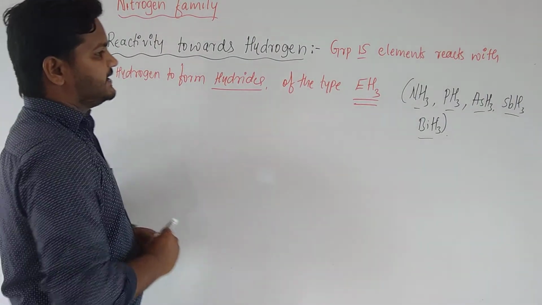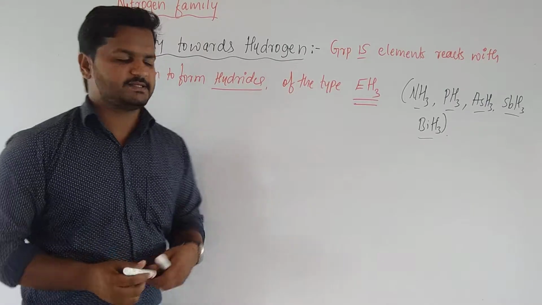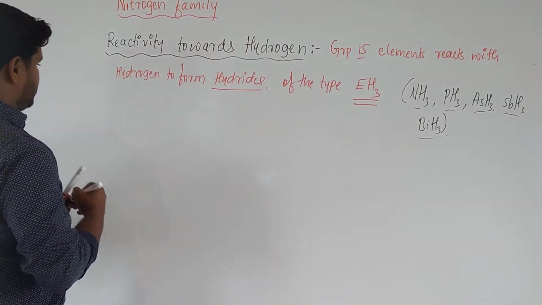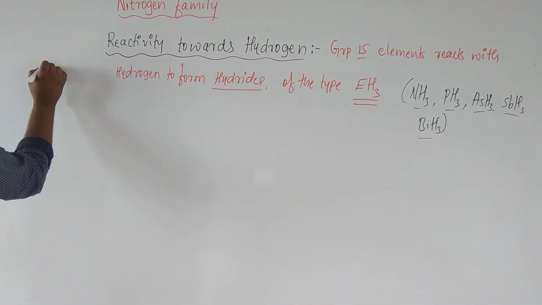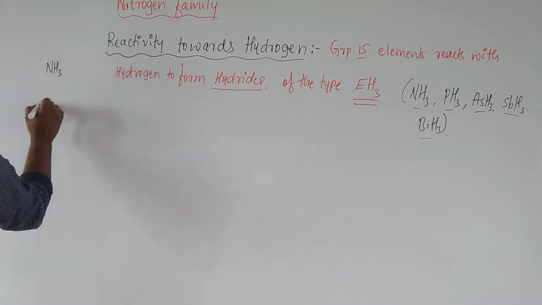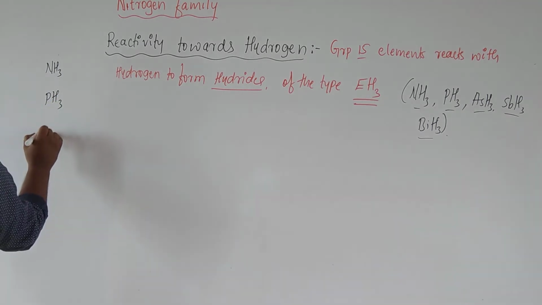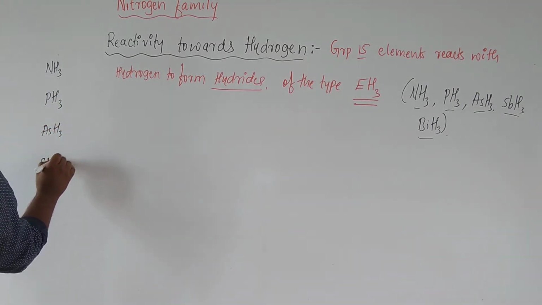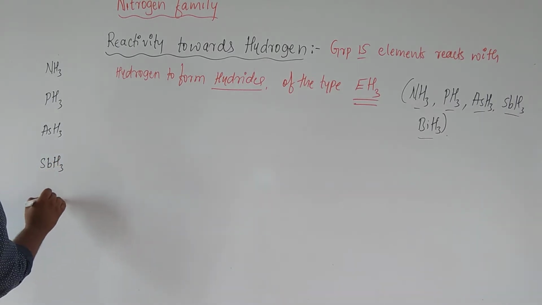Here these hydrides show some important properties. They are NH3, PH3, AsH3, SbH3 and last one BiH3.